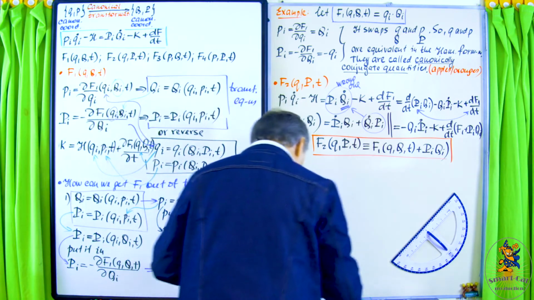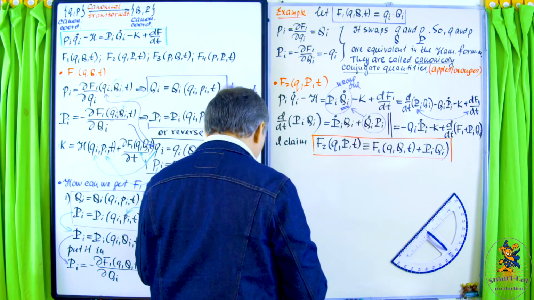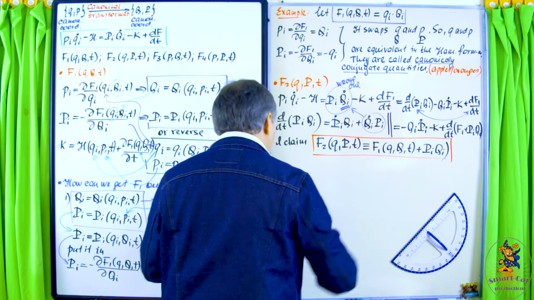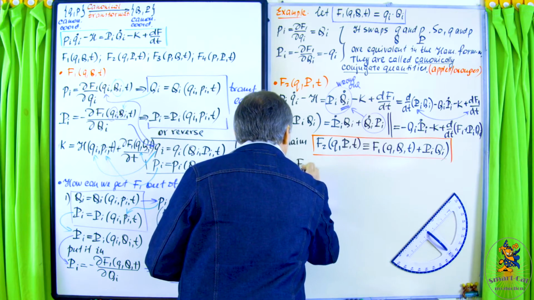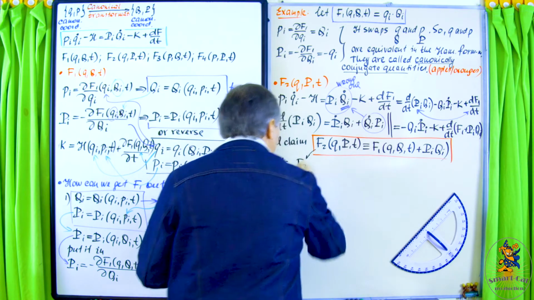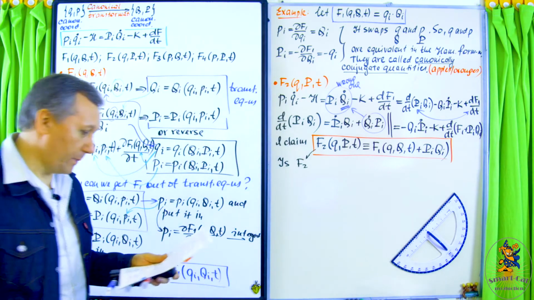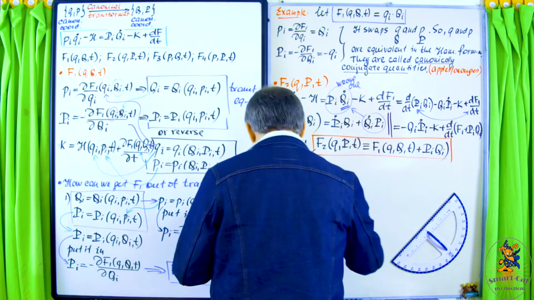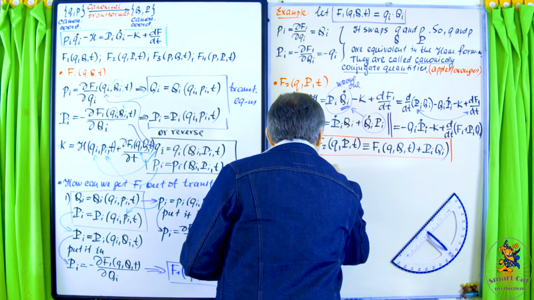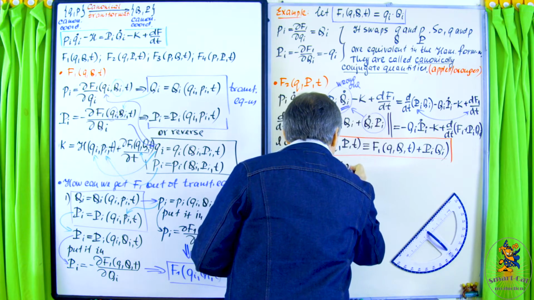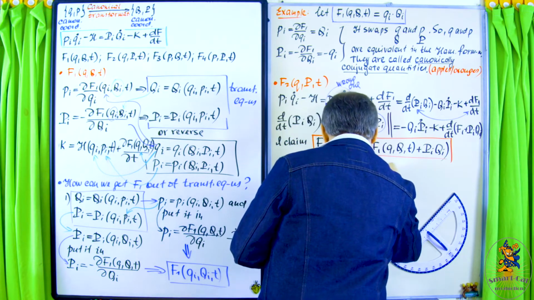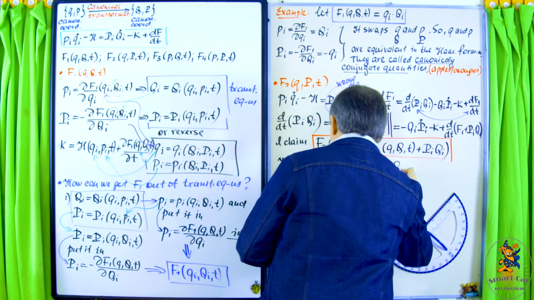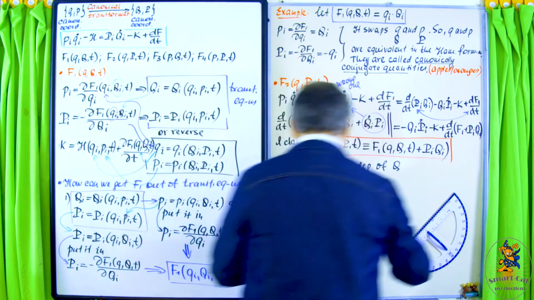Okay, so let me write something. Is F2, the way we introduced it, indeed independent of q capital and p small?